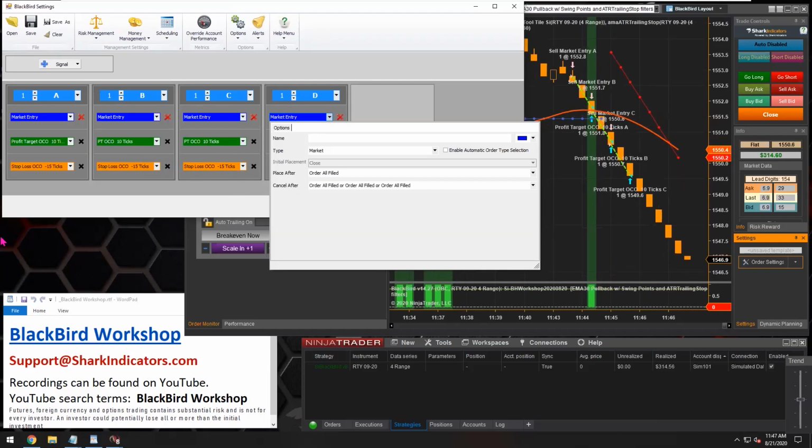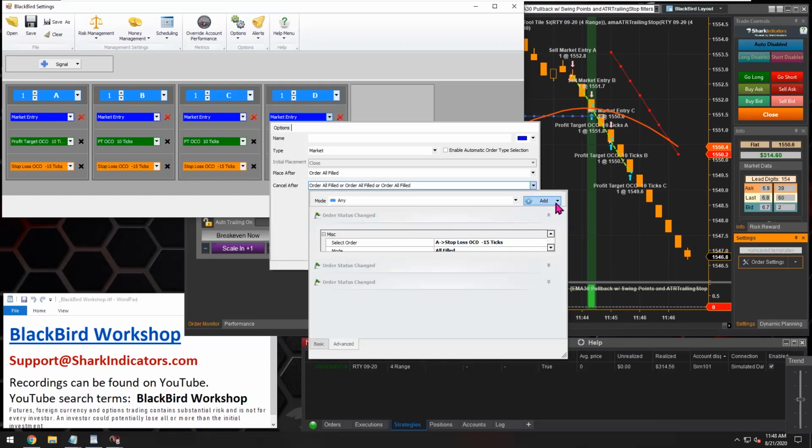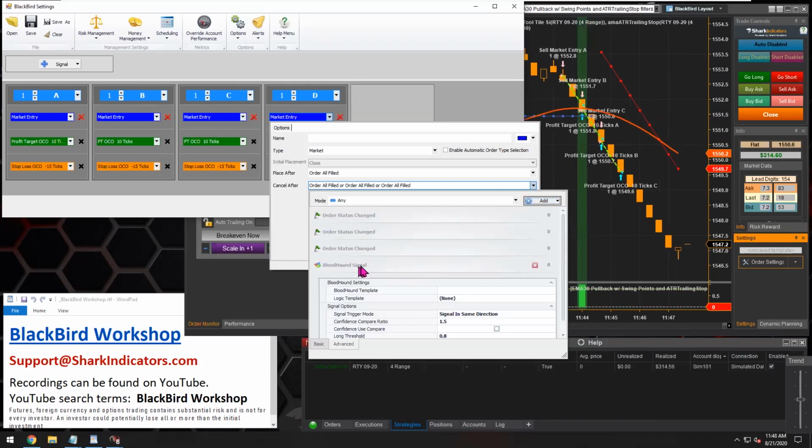Let's see. Mark is asking, wouldn't the cancellation come in at the change of trend? Sure. Yeah. So you could use Bloodhound to define when a trend change occurs, and then you could use Bloodhound signals as well to cancel everything. So you can hook in a Bloodhound signal here. This Bloodhound signal wouldn't be a trade signal. It would be a trend change signal, or basically a condition.